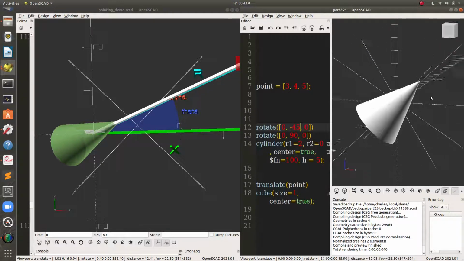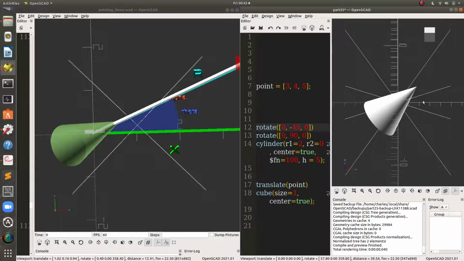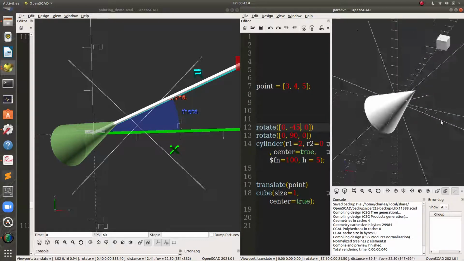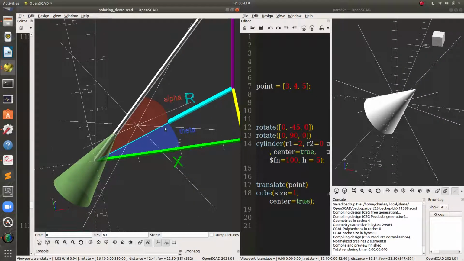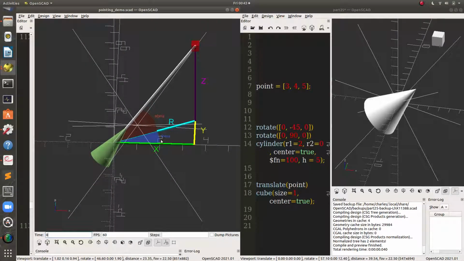That's a good start, but we also need it to be pointing to any point in space. And if it's stuck along the xz plane, it won't be pointing to any point in space. So we need this second angle, theta, to rotate it toward the point.